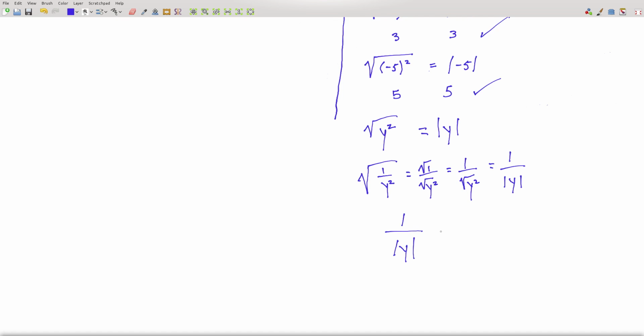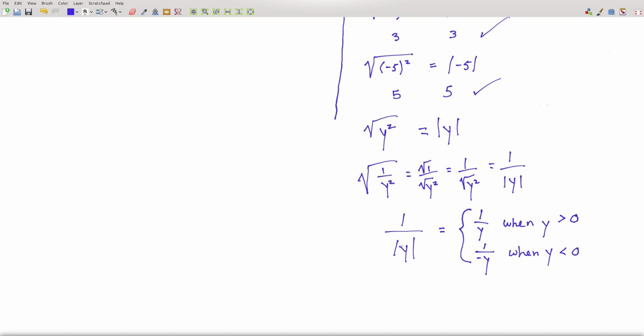This is actually a piecewise defined function in a way. 1 over the absolute value of y means just a regular 1 over y when y is greater than 0, which means it's positive. If y is positive, then the absolute value really isn't doing anything to it. Just bring it right out. On the other hand, 1 over the absolute value of y is 1 over negative y when y is less than 0.